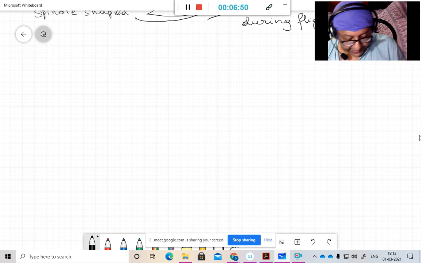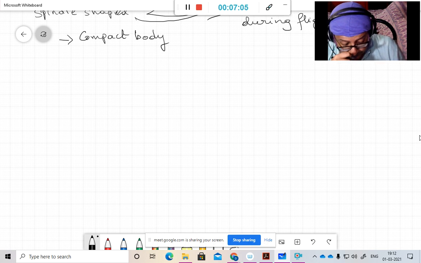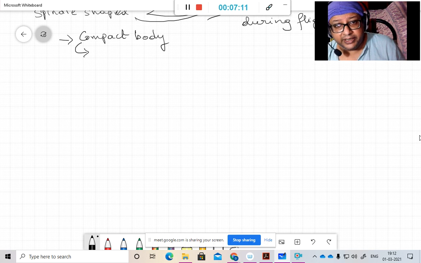So the next character is compact body. So what do you mean by compact body?